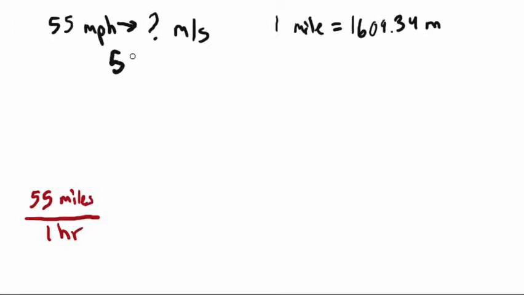So 55 miles per hour, so 55 miles times, again, 1 mile is equal to 1,609 meters, so we're going to multiply it.